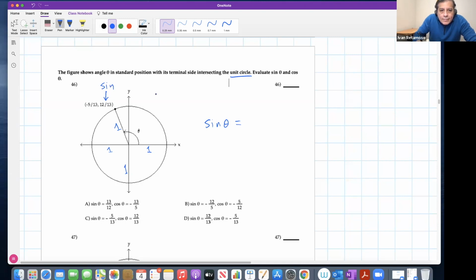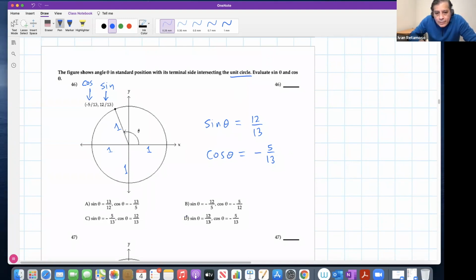This is sine. So the sine of theta will be simply 12 over 13. You just pick the y coordinate up here, right? Sine. Cosine of theta in the unit circle is always given by the first coordinate, the x coordinate, right? Will be minus 5 over 13. And that's all. That's all you gotta do. Thanks to the unit circle, these should be the answers.